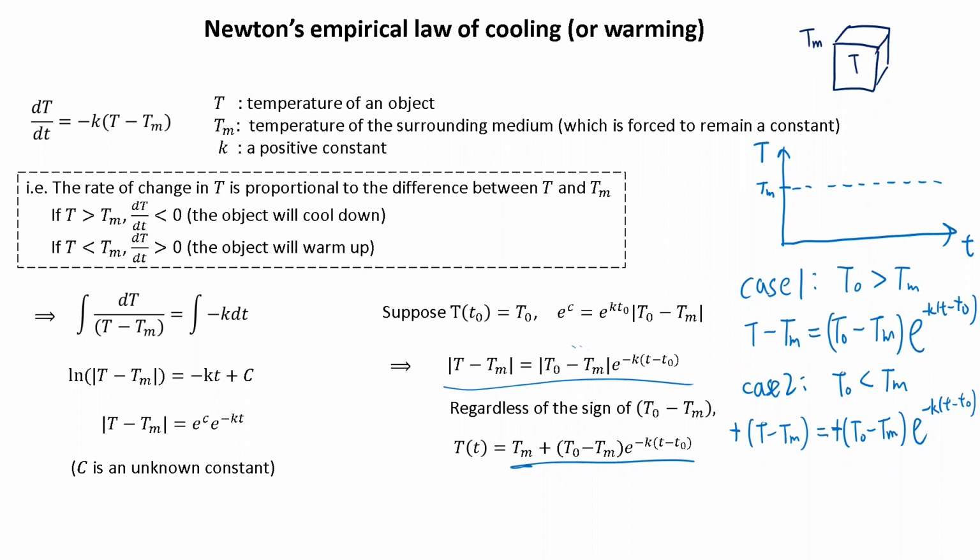Now if we look at what happened initially, let's say for case one, where I have T naught greater than Tm, then at t equals 0, T will be here. This is T naught. And then I have this exponential decay, so the curve looks like this.